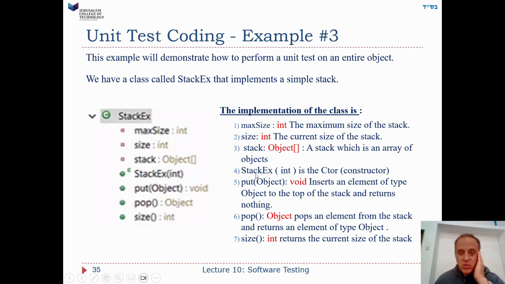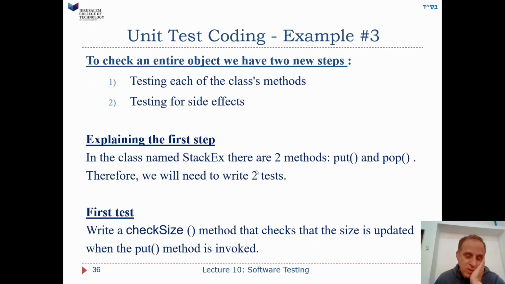If the constructor function doesn't work, then the whole thing's not going to work. We only check the functions that are the main working of the thing. What makes a stack is that it has a put and a pop function. So we have to write 2 tests, one for put, and one for pop. I could call it push and pop.